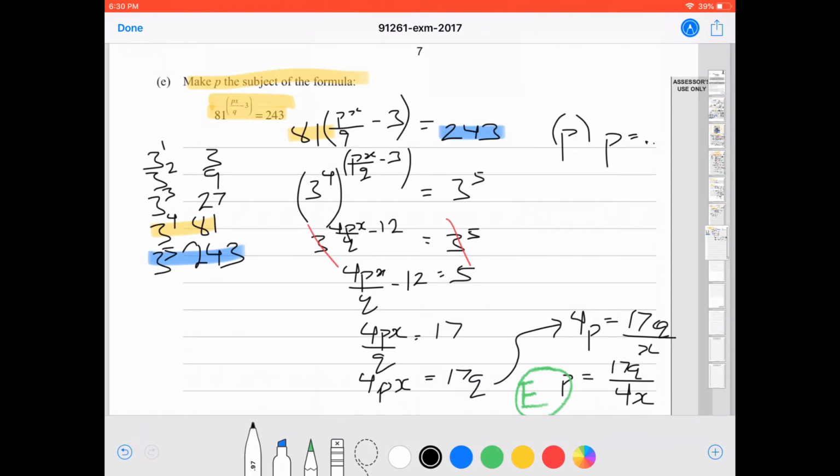They used logs, and they took basically log of 81 and took this indices, px over q minus 3, as a factor. So we did that in an earlier question, and it equaled log 243, and they rearranged for p like that. As I said, either way is valid.